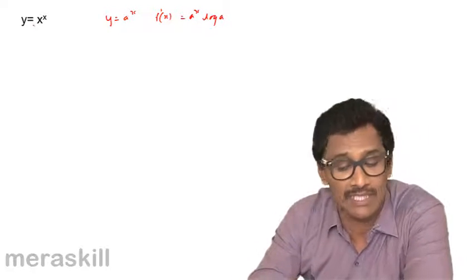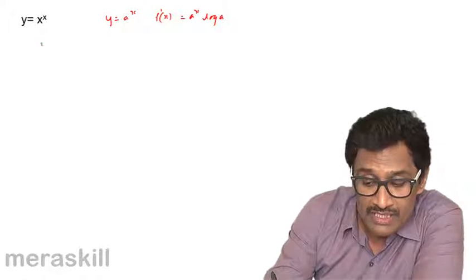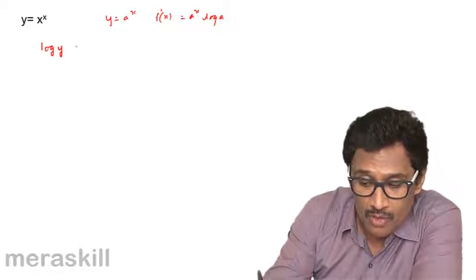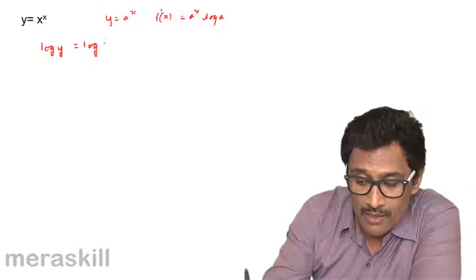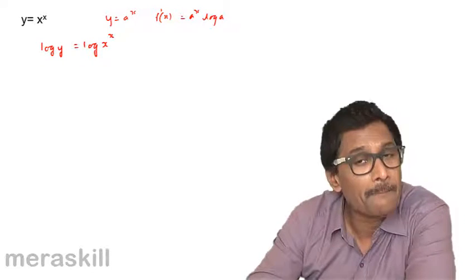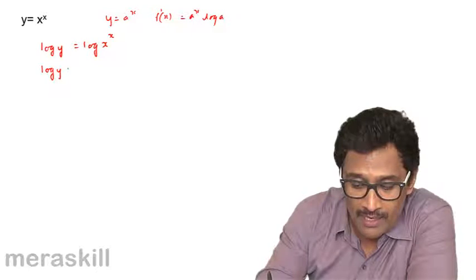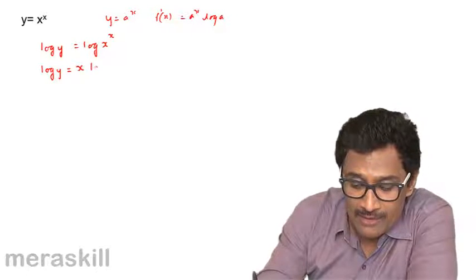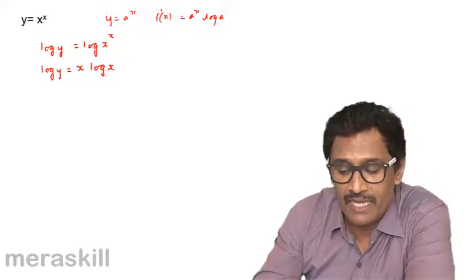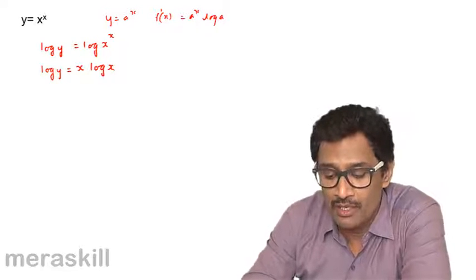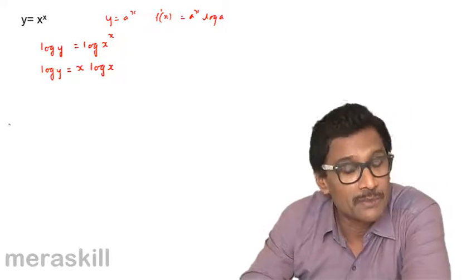But suppose you have something like this. Then what do we do? We take logarithms on both sides. Log y is equal to log x raised to x. Now, this can be hence written as log y is equal to x log x. Then we can use the chain rule to find the derivative.